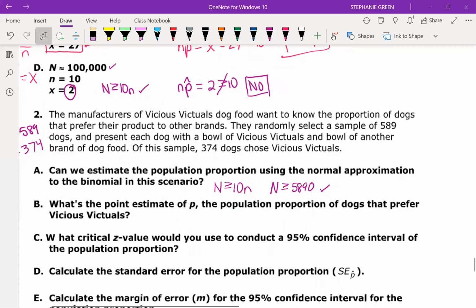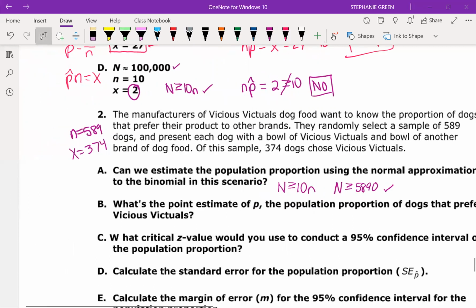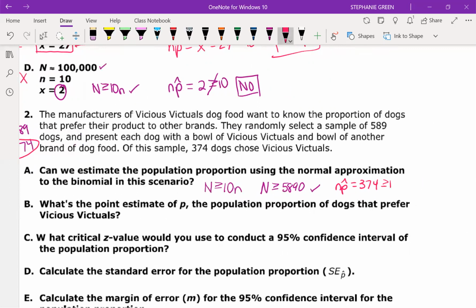Okay, moving on, we have to check our np hat, which is x, 374, which is definitely greater than 10. And then n times 1 minus p hat, the number of failures.